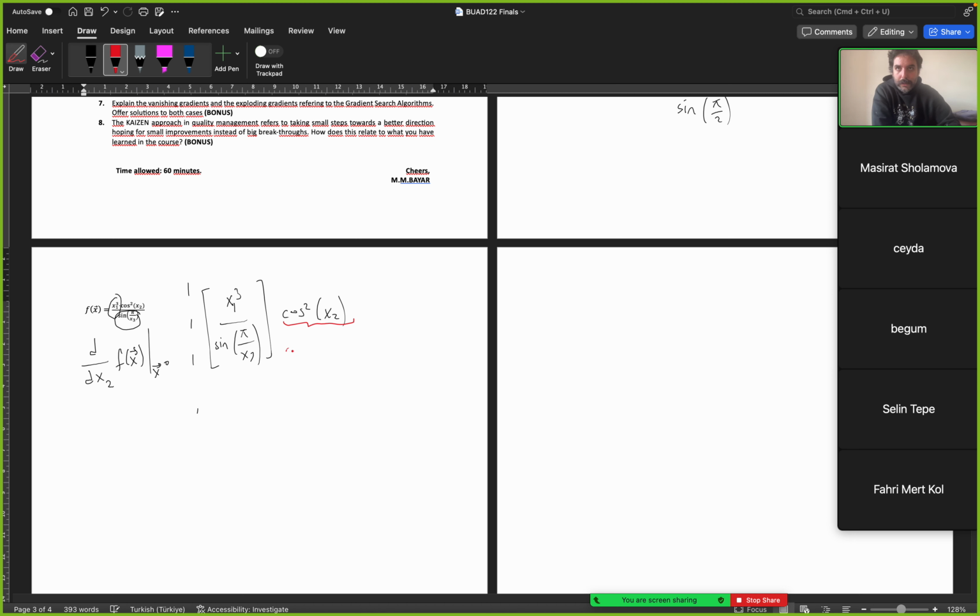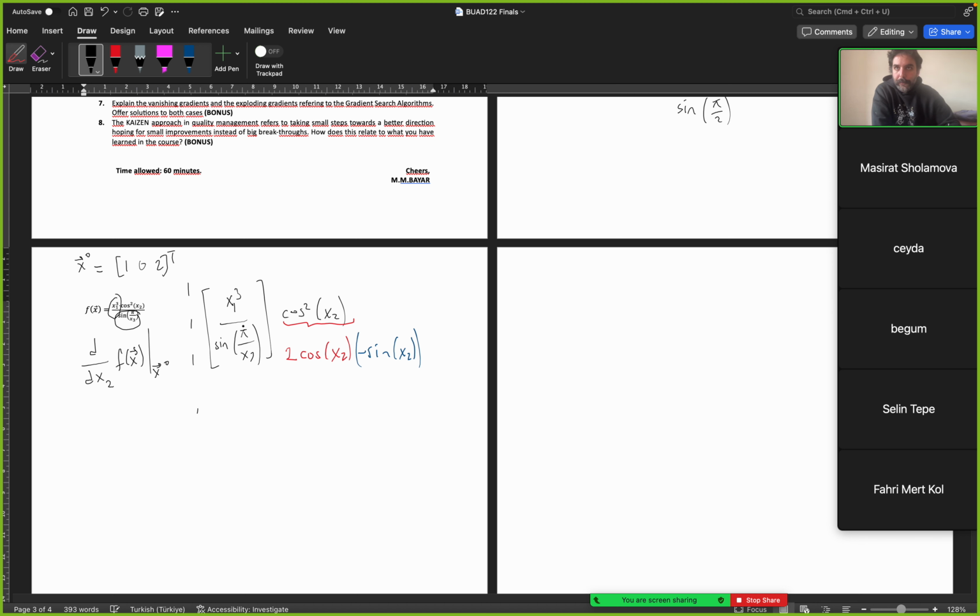So this is just 2 times cosine x2 times negative sine of x2. And now I'm going to evaluate this at x0, and x0 is, let me just write it too, (1, 0, 2) transposed.